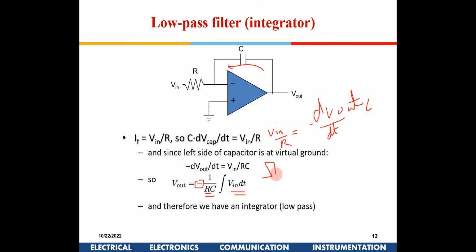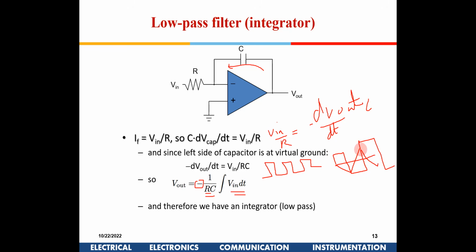So what happens if I give a square input? What will be the output? Rise time will increase. If I keep an R sufficiently large, what happens? Not sinusoidal, linear. It will be a triangle. For the positive cycle of this, it will go towards negative, and for the negative cycle it will go towards the positive.